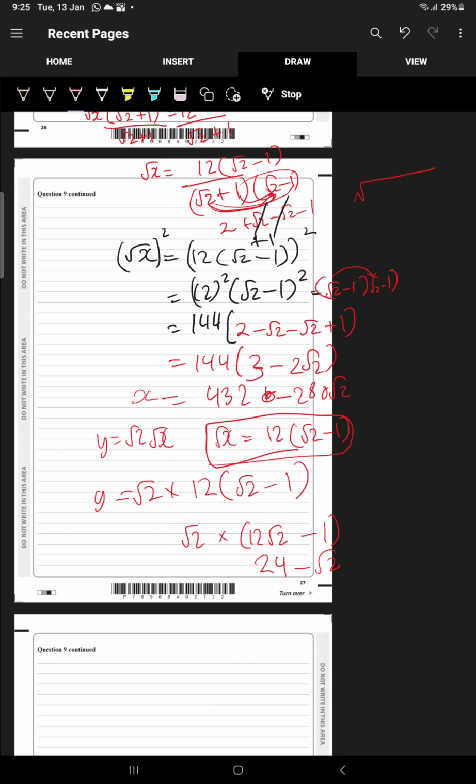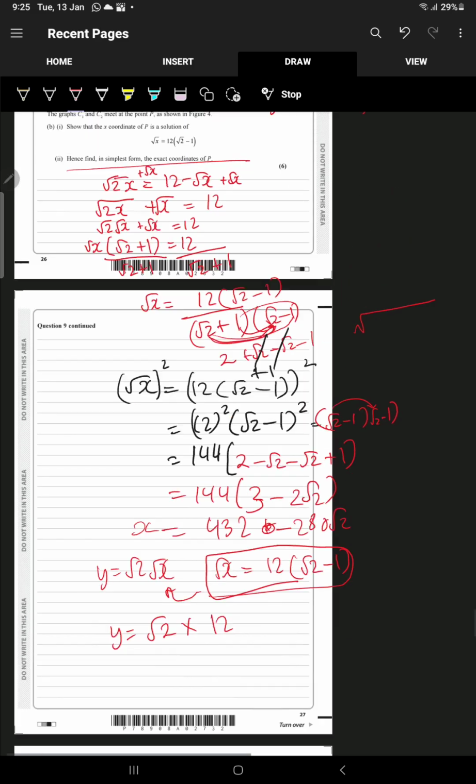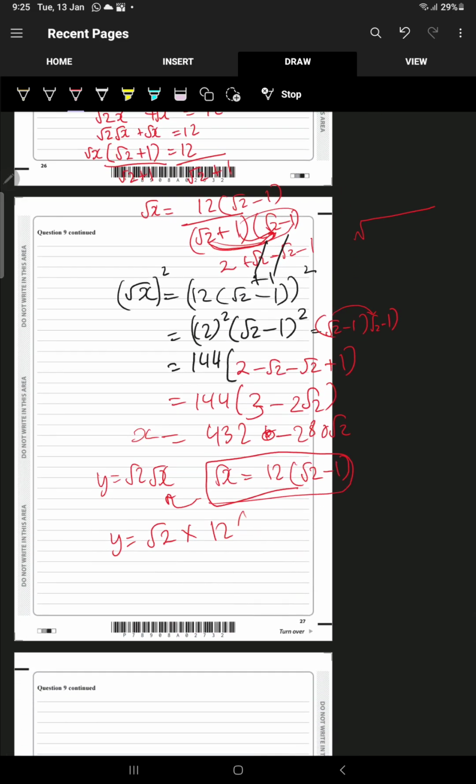So we already know that root x is equal to this, so we can directly sub it in, no need to sub the x value. So root 2 times 12 times root 2 minus 1. Oh sorry, it was not a BODMAS mistake, I just made a silly mistake.